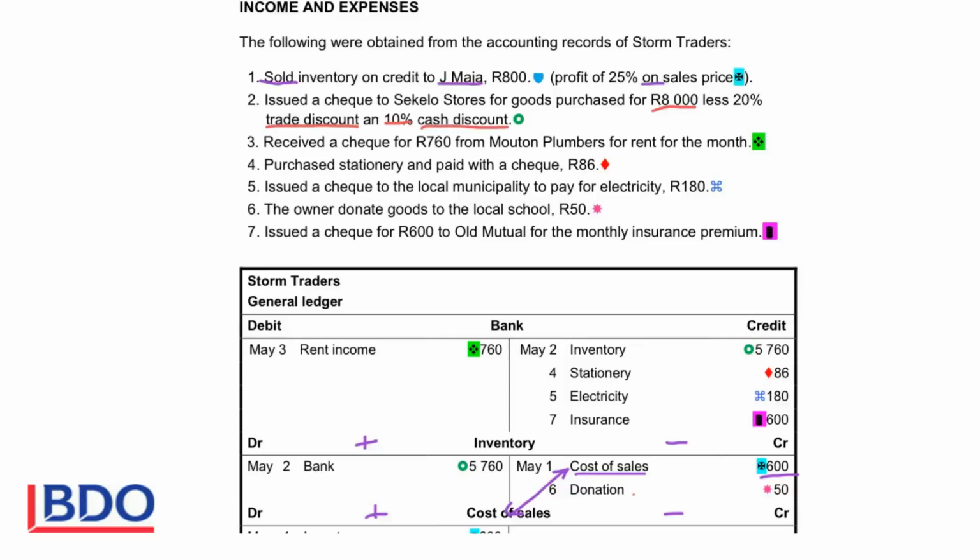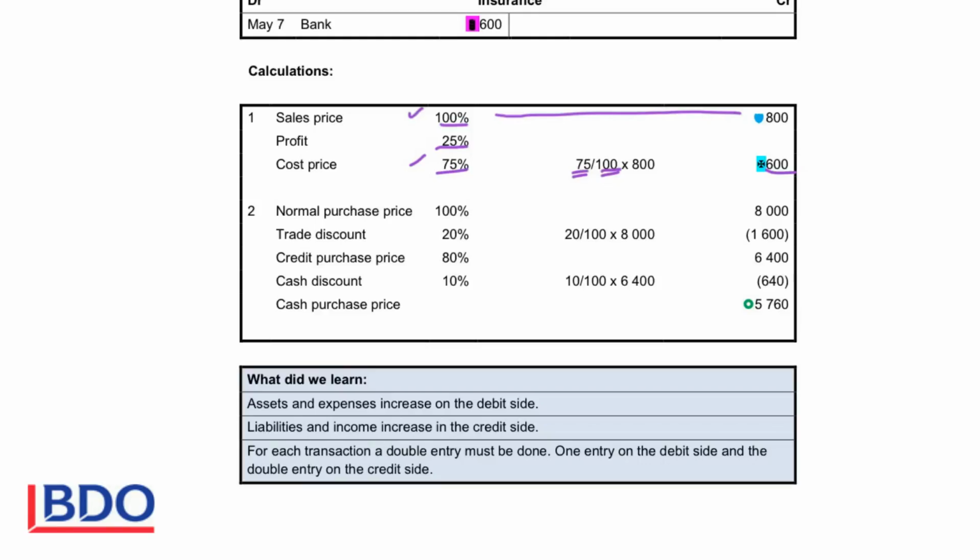So we will first calculate what is the total amount on the check and the cost price of the inventory. The normal sales price is 100%. That equals 8,000 Rand. Trade discount is 20% of that 8,000, so that gives me 1,600. If I subtract it, I see that the credit purchase price is 6,400.